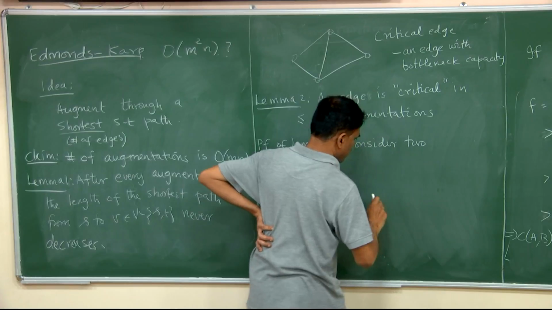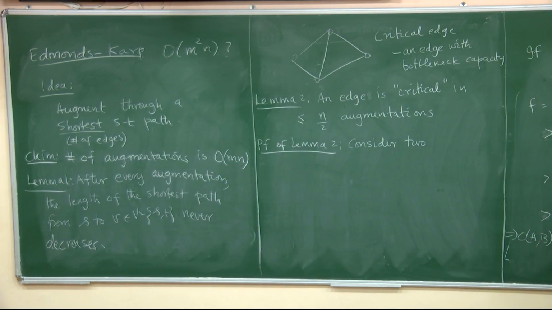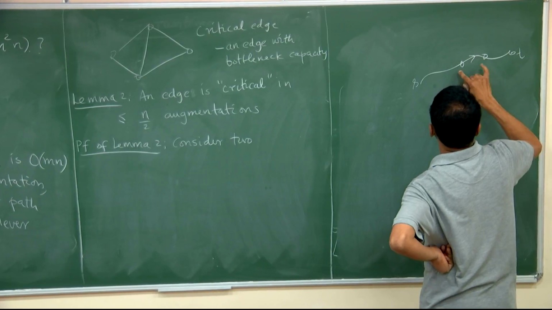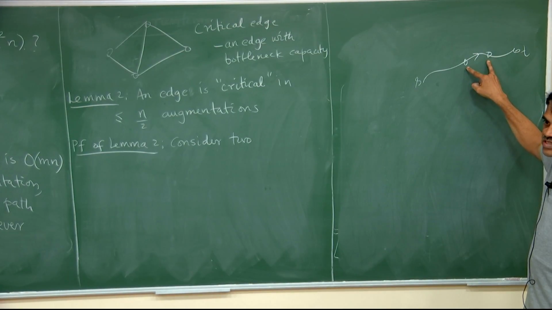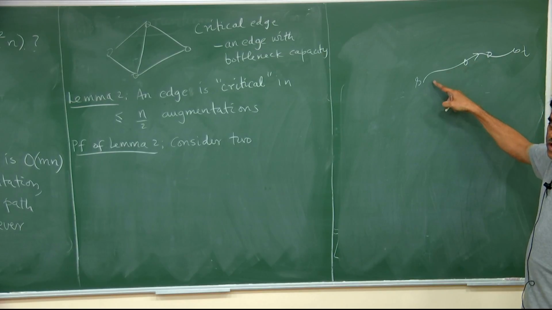Right? So when you do an ST path, I'm doing a shortest path, ST path, and an edge is a critical edge if it gets saturated in this augmentation, which means that this is the one which has the minimum residual capacity in that path.